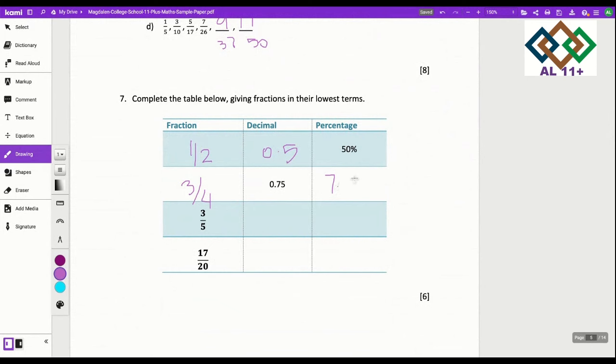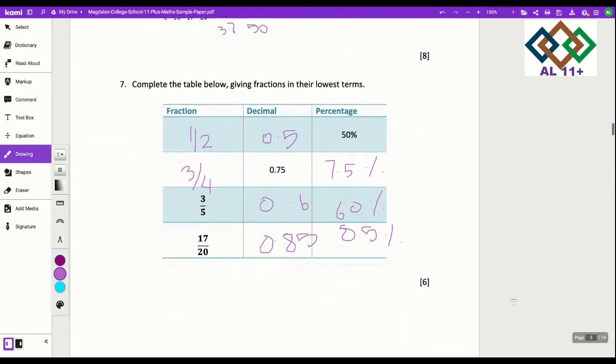It's 7.5%. 3/5 is the same as 0.5, sorry, 0.6, and the percentage is 60%. 17 by 20 is 0.85, and this is 85%.